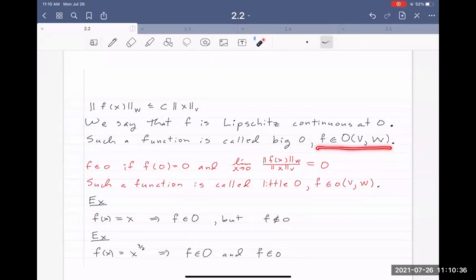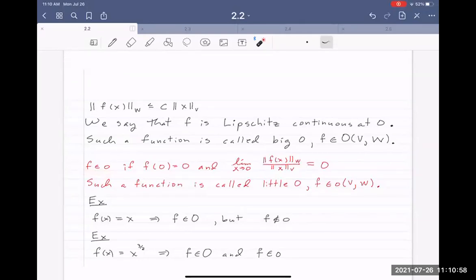F is a member of big O of VW. So if f satisfies this, then we denote it by saying it's in big O of VW.